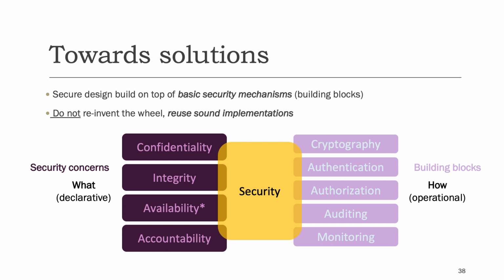Now, as we've previously said, the security building blocks are ways with which we can address the security concerns. So on the right side of the slide, you see these blocks, and here we basically have the how aspect of security. So how do we secure things? On the left side of the slide, we have the what. So basically, what are we securing? Notice also that availability is often considered a security concern.